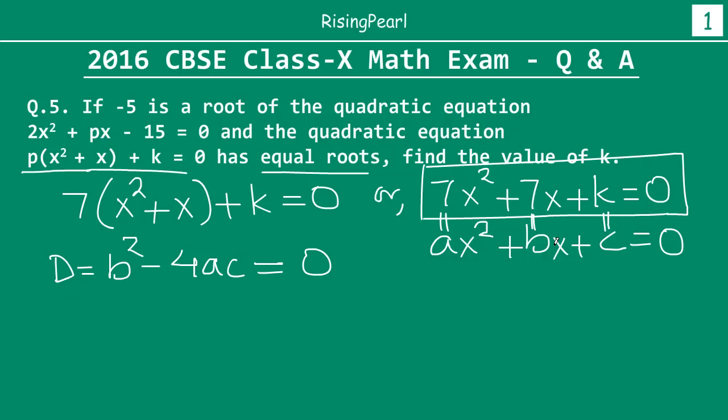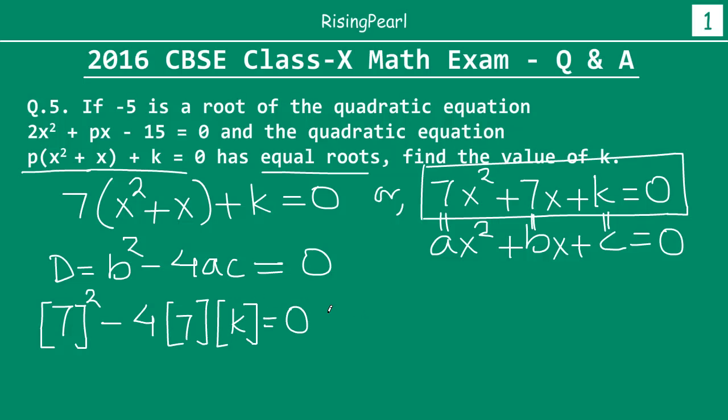So what is b squared? b is equal to 7. So it will be 7 squared minus 4. What is a? a is 7. And what is c? c is equal to k. So this is equal to 0. From here we can say this will be 49 minus 28k is equal to 0.